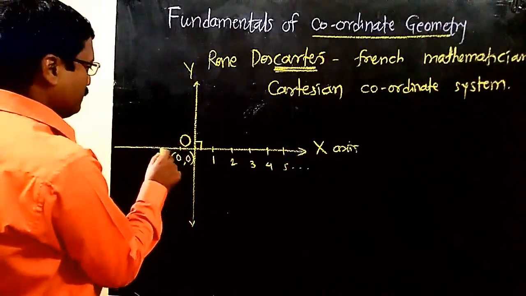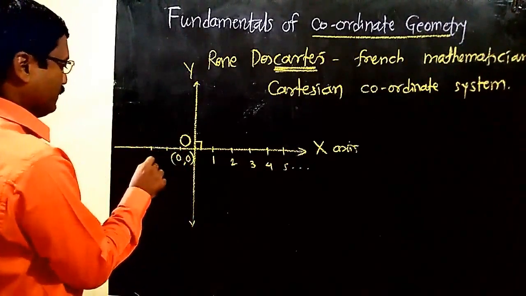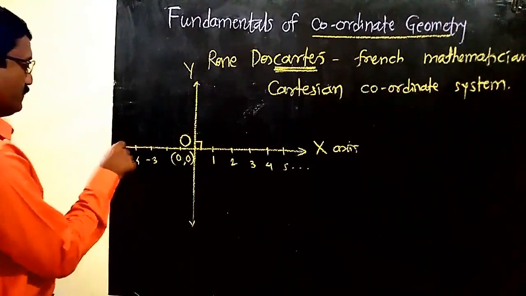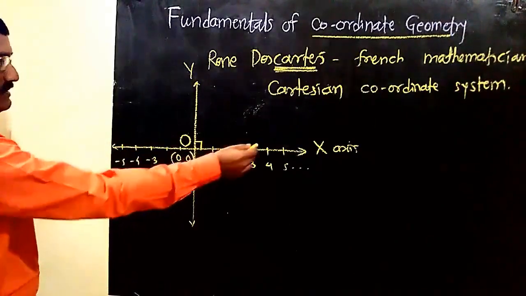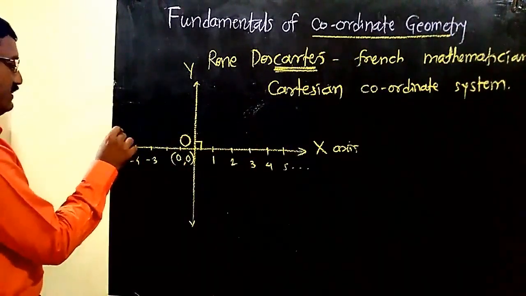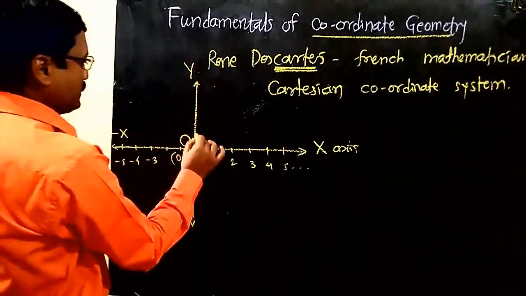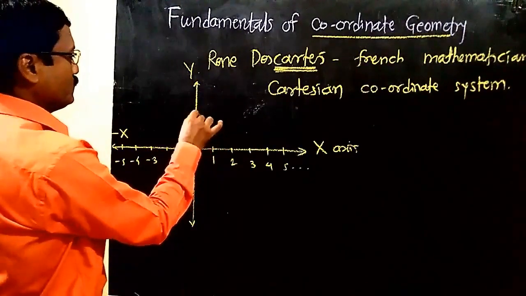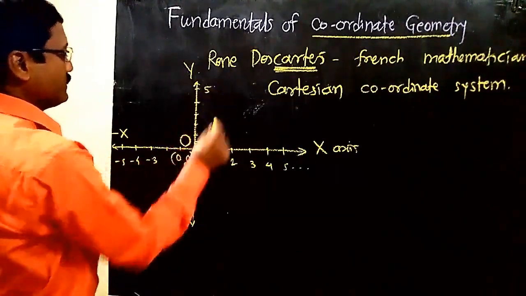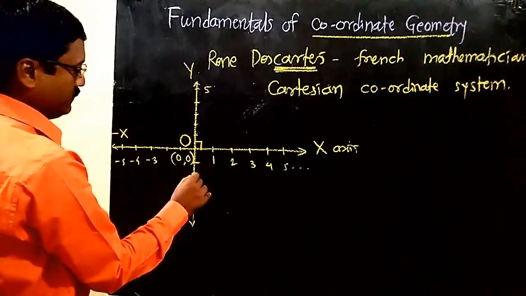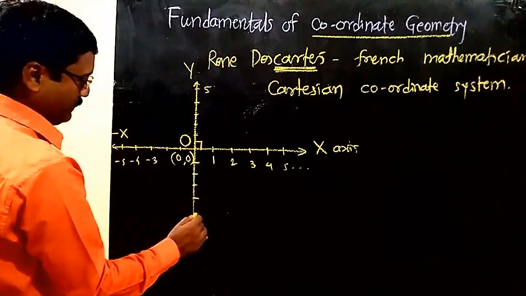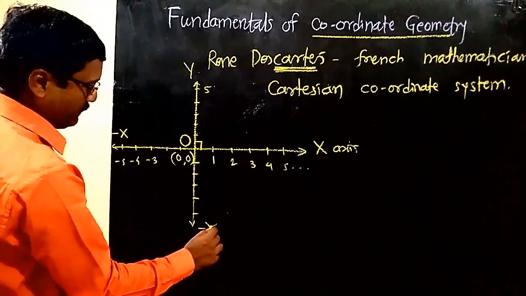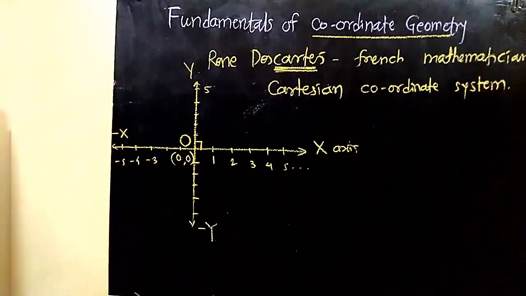Here again similarly -1, -2, -3, -4, -5. Obviously this is x-axis, this is negative x-axis. This is y-axis containing numbers 1, 2, 3, 4, 5, etc. This is the negative side of y-axis, so it's a negative y-axis.